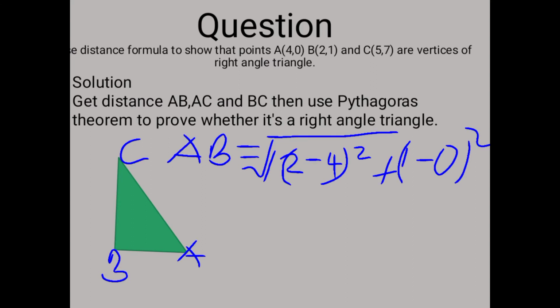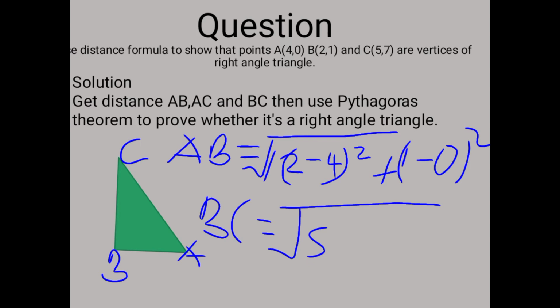Also, we find distance BC, which is equal to square root of 5 minus 2 squared plus 7 minus 1 squared, which is equal to root 45.